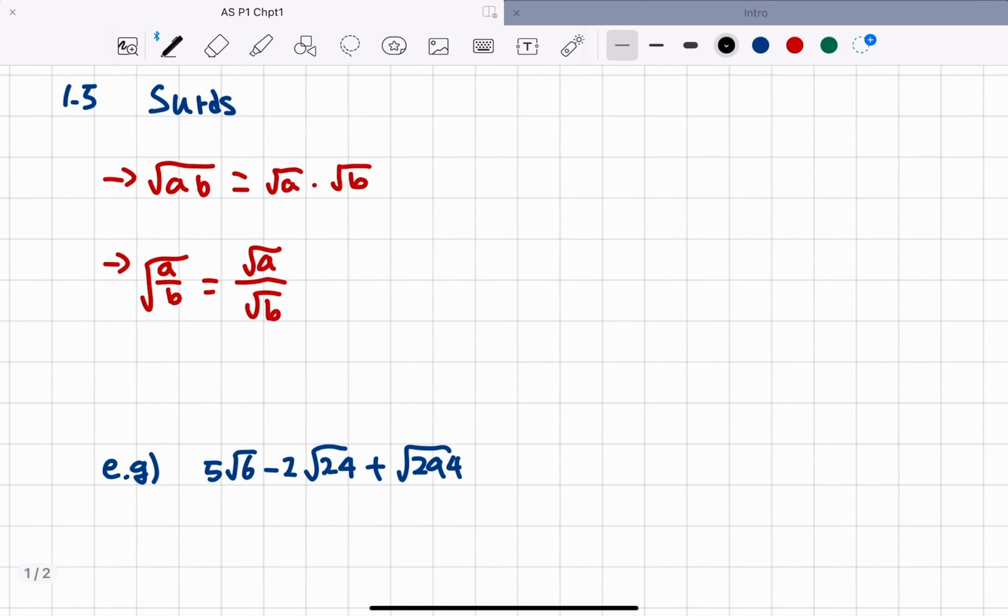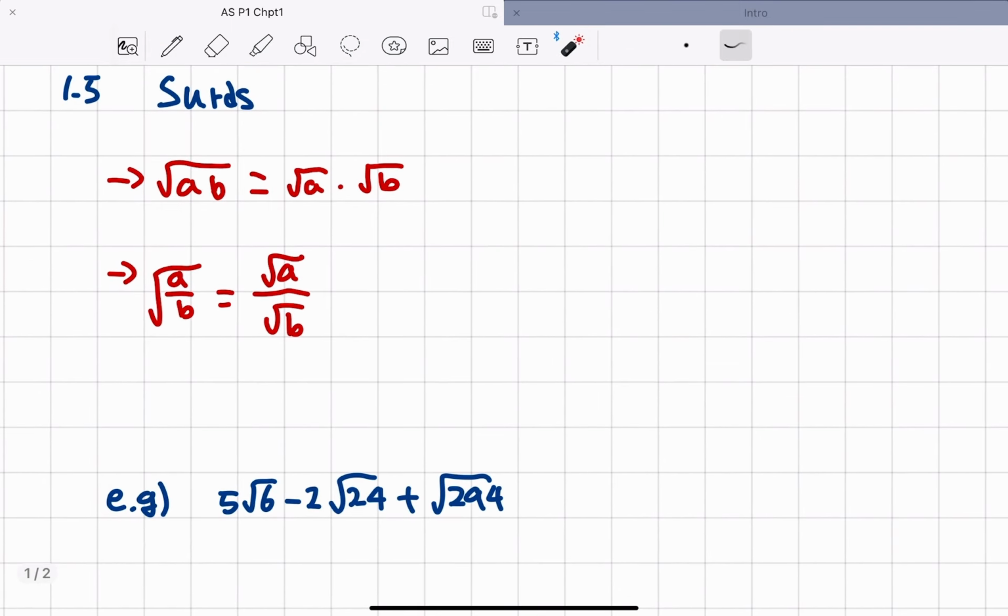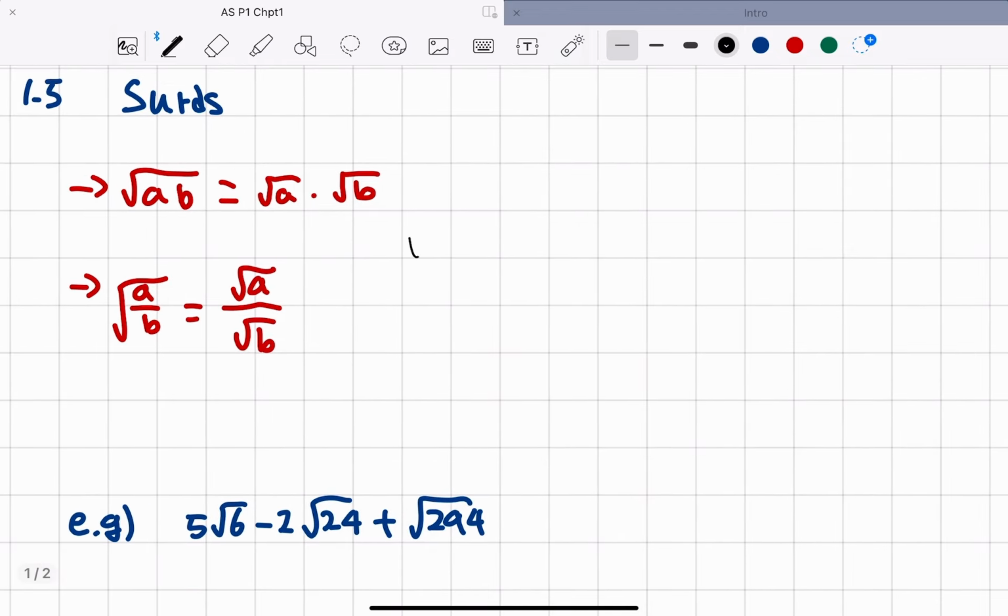And yeah, next concept, surds. This is also simple, so let's look at these two simple rules. The square root of a times b equals the square root of a times the square root of b. Let's check with a simple example: the square root of 2 times the square root of 3 equals the square root of 6, right?